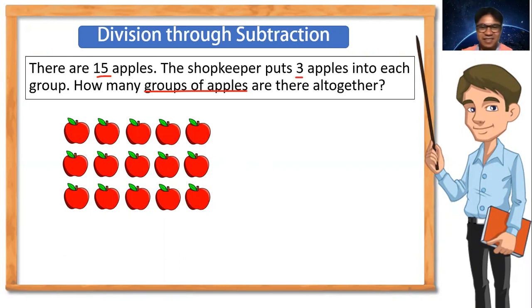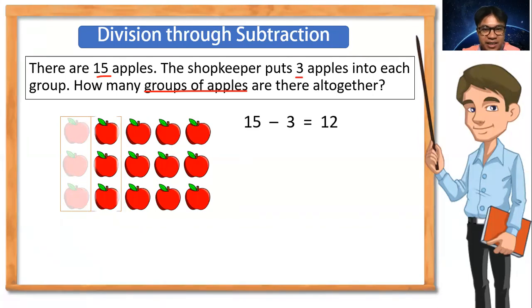Okay, so since division is a repeated subtraction, let's try to apply it here. So 15 minus 3. How many apples left? 12, right? The next, let's minus another 3. So 12 minus 3, the answer is 9. So how many left? 9 apples.